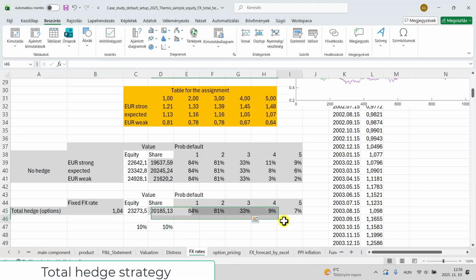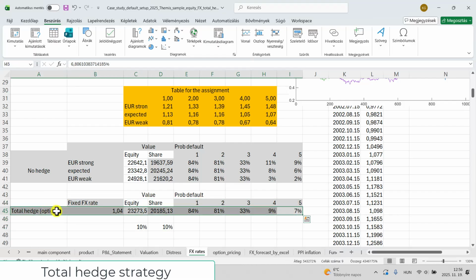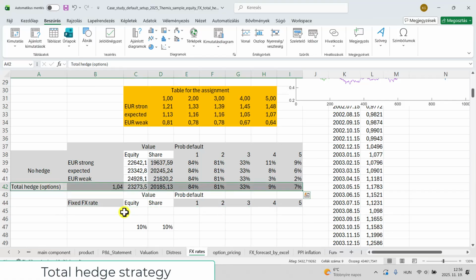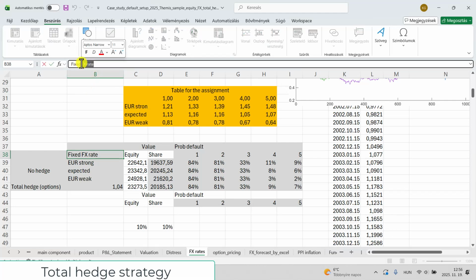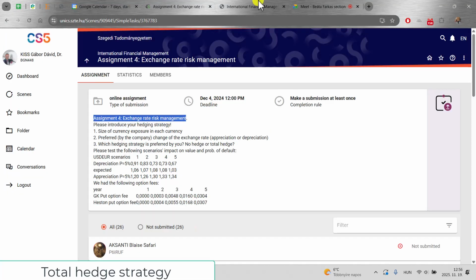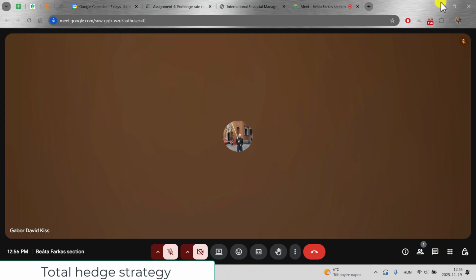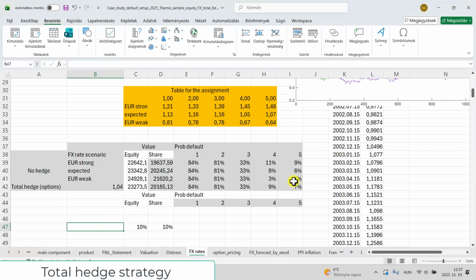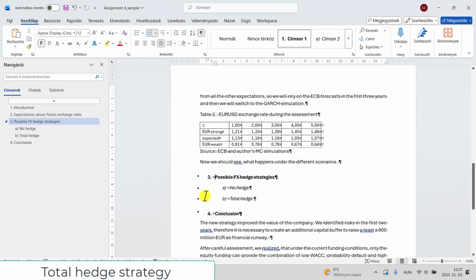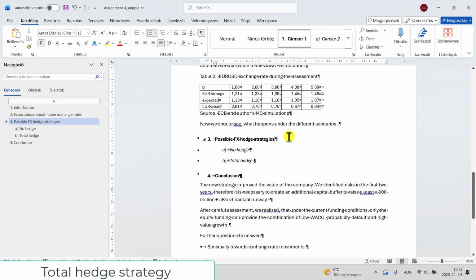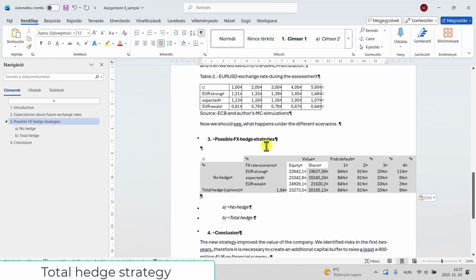Okay, so let's pick this thing up and move it here. Are they doing anything? Nothing. Whatever. Possible foreign exchange hedge strategies. You just have to pick this thing up.